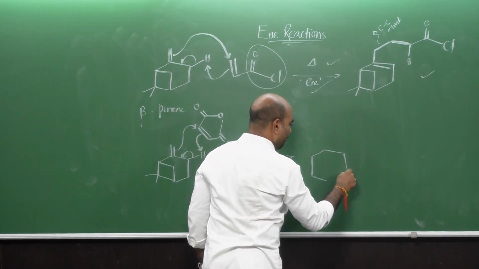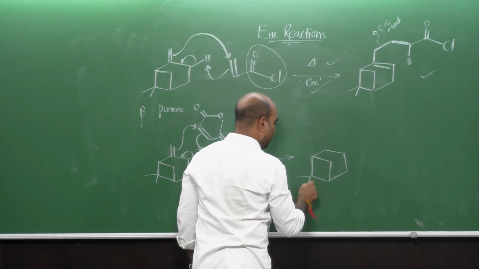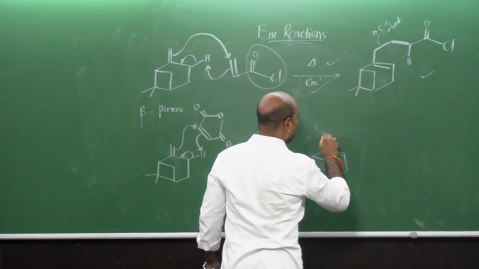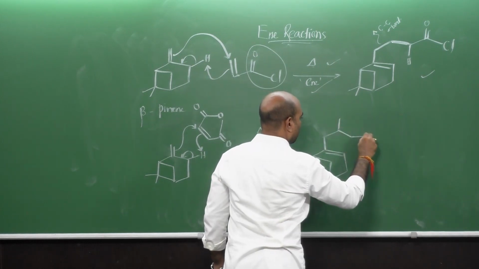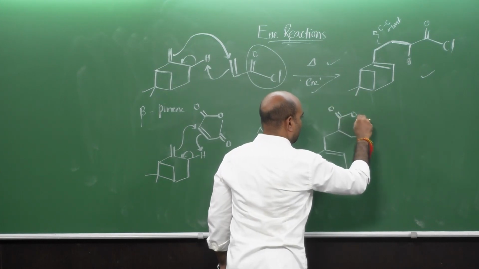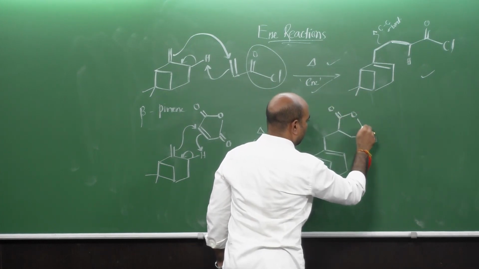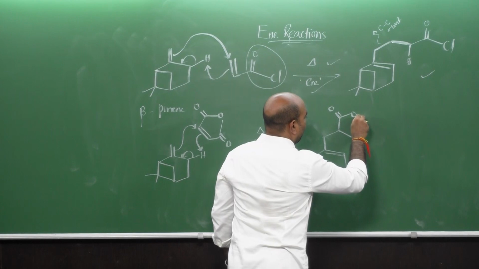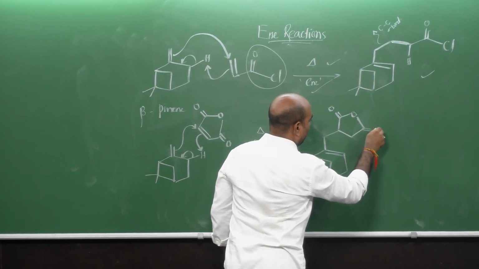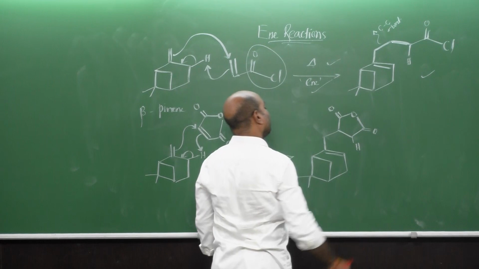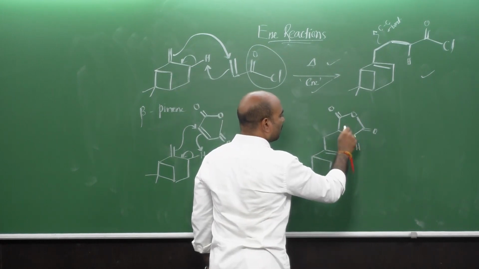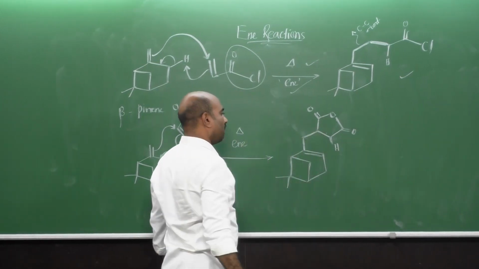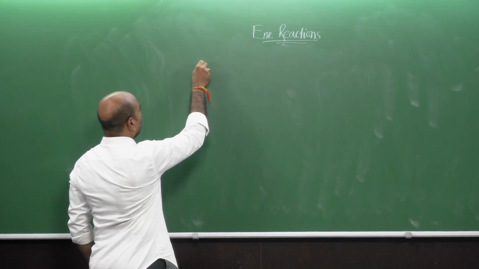So, you will be able to see a double bond here, new double bond, and then, right. So, hydrogen has moved to this particular enophile component here and a new sigma bond is formed here. So, this will be the product.